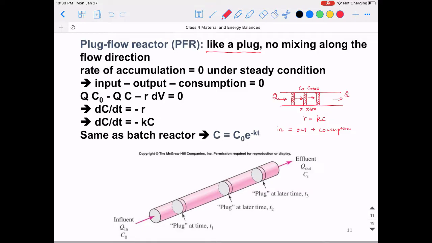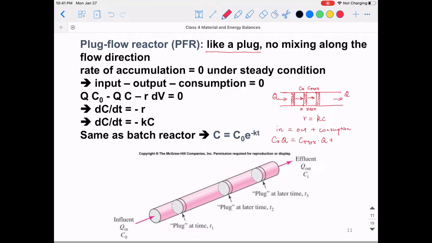Further, the inflow is calculated by C(x) multiplied by Q, and the outflow is equal to C(x plus delta x) multiplied by Q. And then the consumption is going to be the reaction rate multiplied by the control volume.